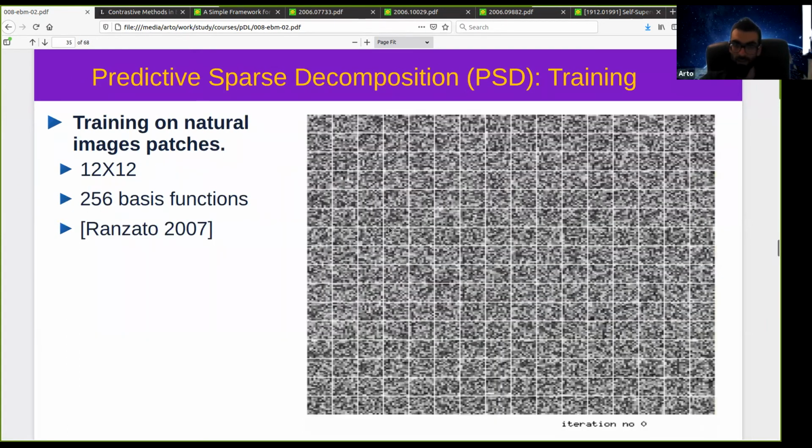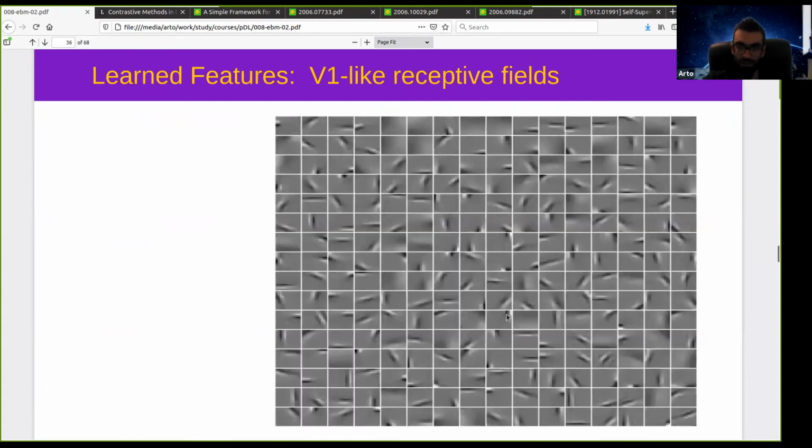That's pretty cool. The same algorithm is applied to CIFAR. An animation was supposed to be here, but it's not.